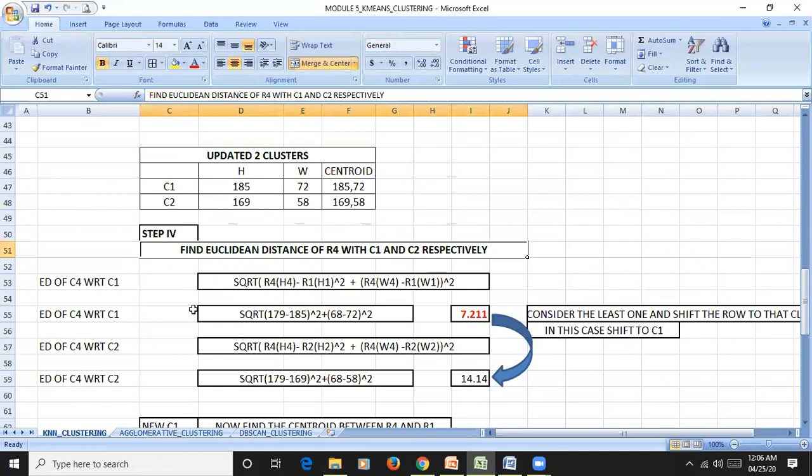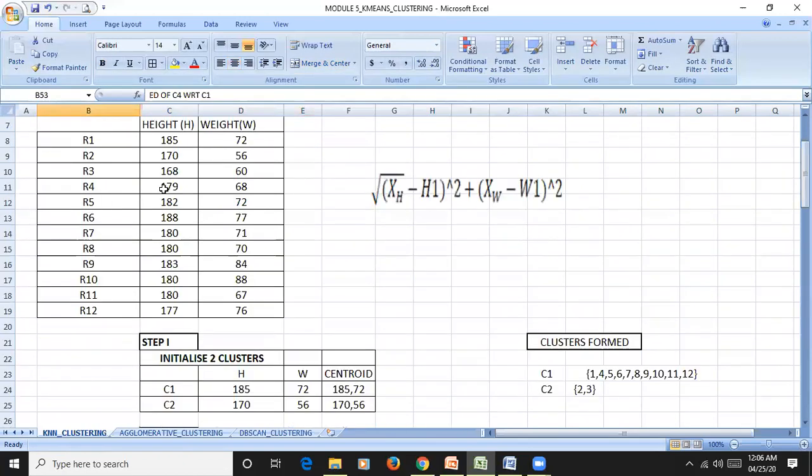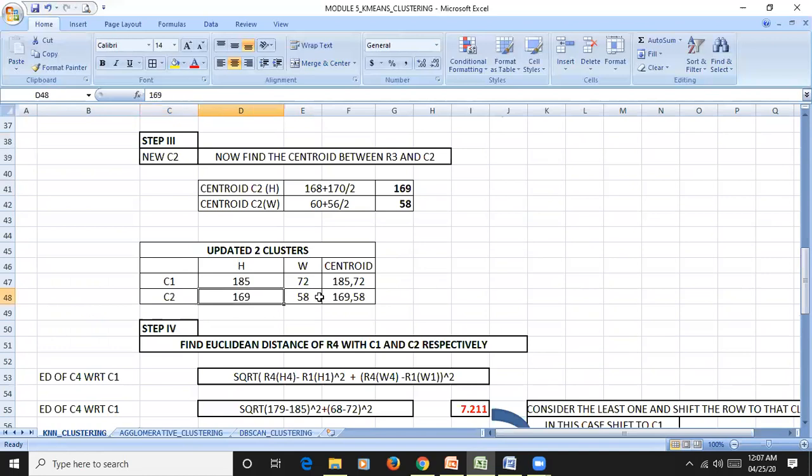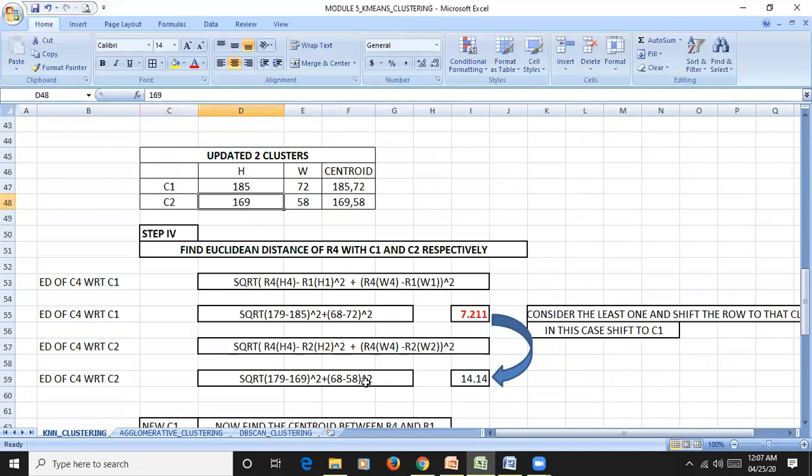R4 is 179, 68: 179 minus 185 the whole square, 68 minus 72 the whole square. Then 179 minus 169 the whole square, then 68 minus 58 the whole square.